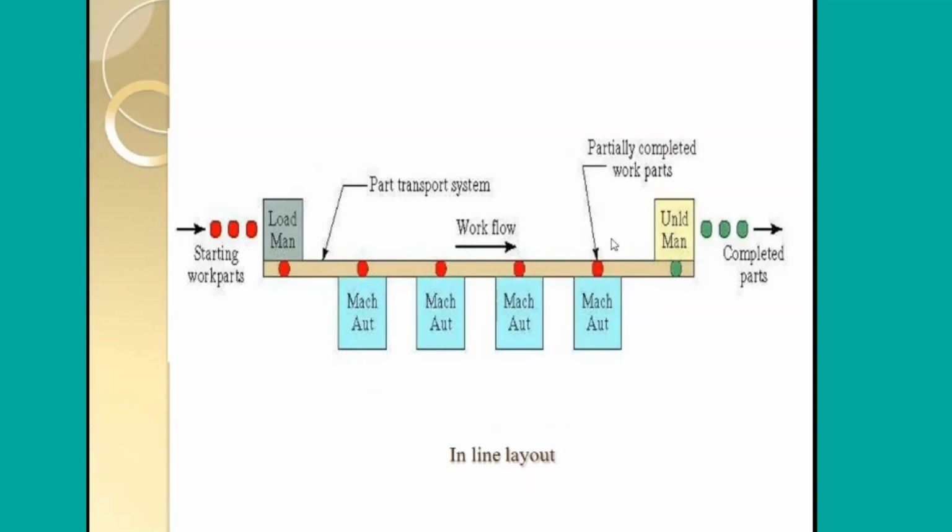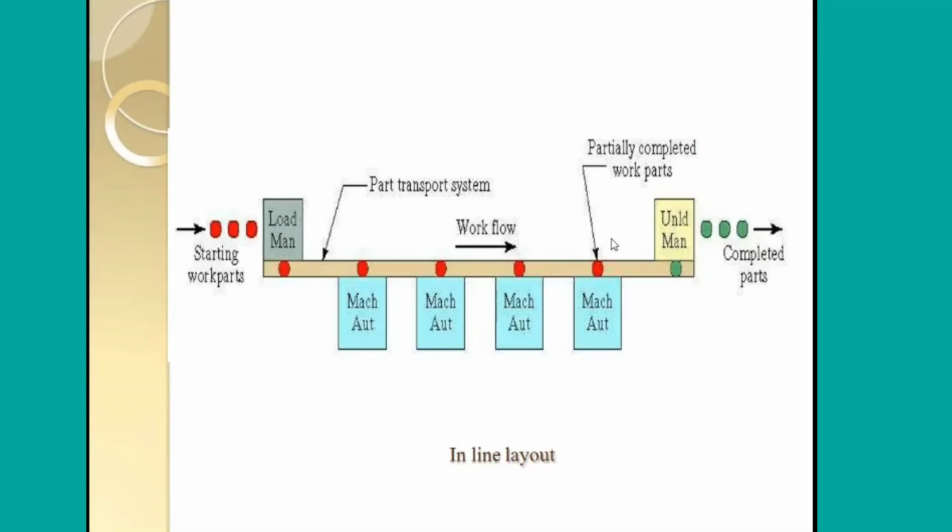The first one is the inline layout. This picture itself indicates that sequential operations are done in a line. The loading man will load the work part, then it will move on to the first automatic machining station, and after completing the process it will move on to the second, the third, and the fourth.